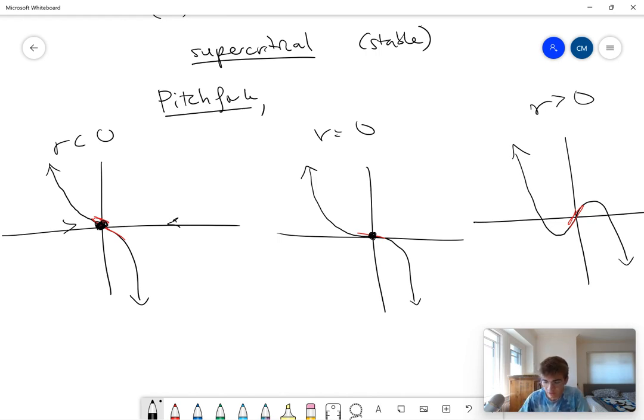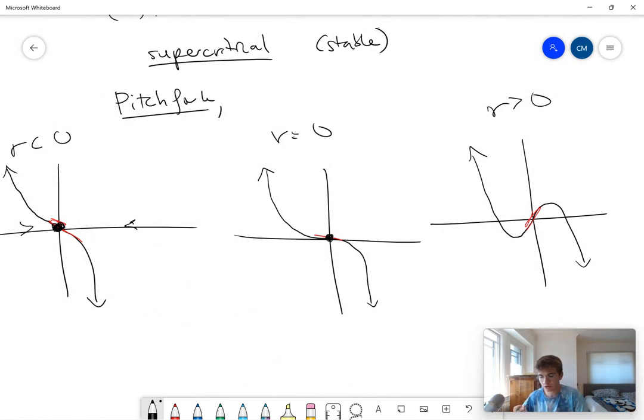And then finally, when we choose r to be greater than 0, the origin becomes a positive slope, and then we gain two non-trivial roots to our cubic function, and the origin becomes unstable actually.